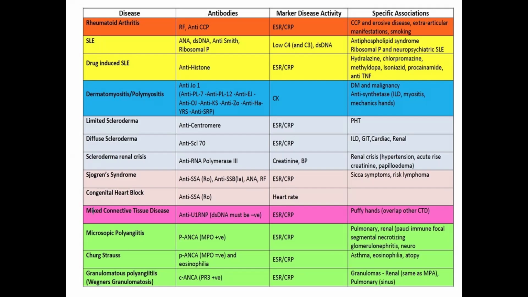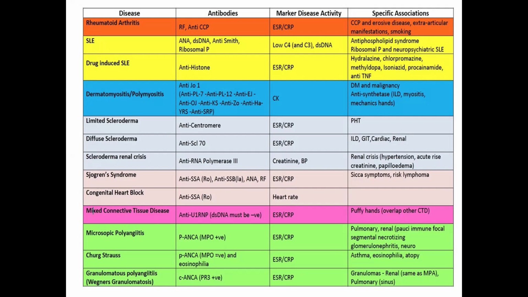Now, as far as inflammatory markers, most of them are positive for ESR and CRP, maybe not with systemic lupus. With systemic lupus, you'll see a low C4 and C3.